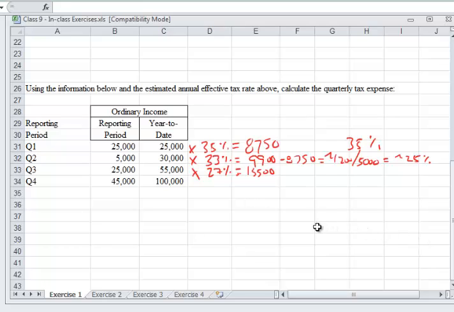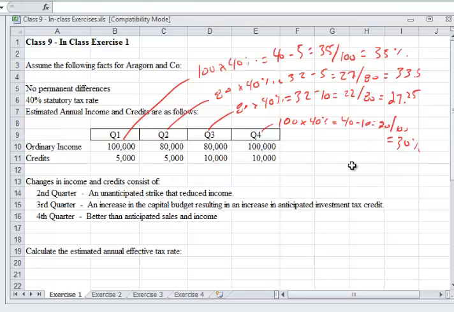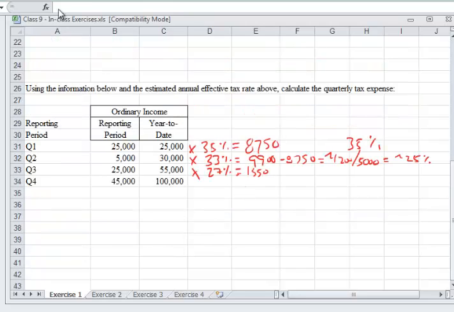Oh, Sam left. 15,125. Okay, 15,125. That's my year-to-date provision.